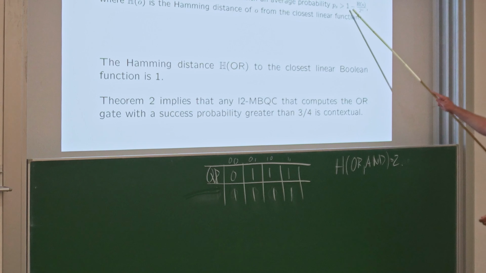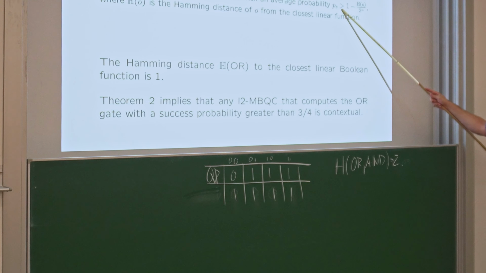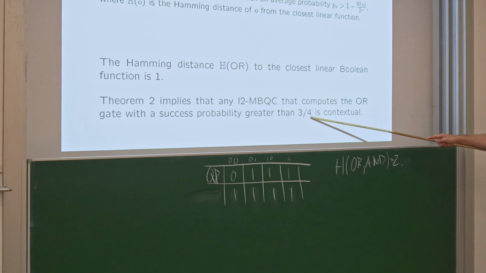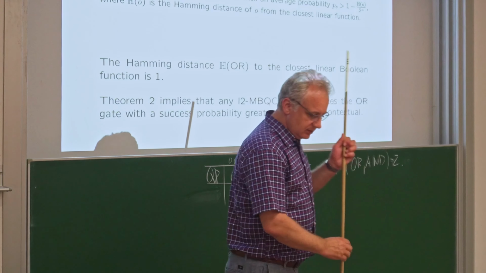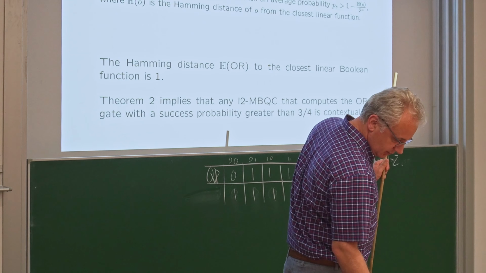So this is 1 minus 1 over 4, so 3/4. So the critical success probability is 3/4. And if we are above that in evaluating the OR gate, then this means the setting is contextual, cannot be described by a non-contextual hidden variable. So this is what the two theorems say about the scenario we already knew.